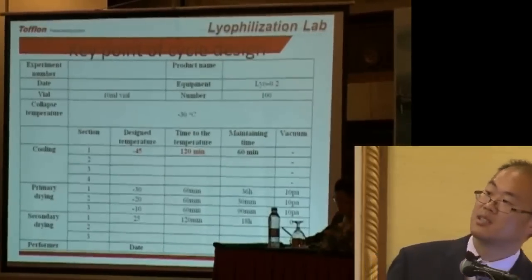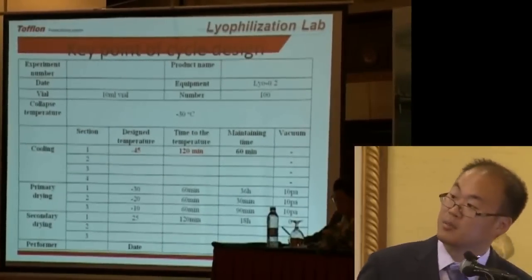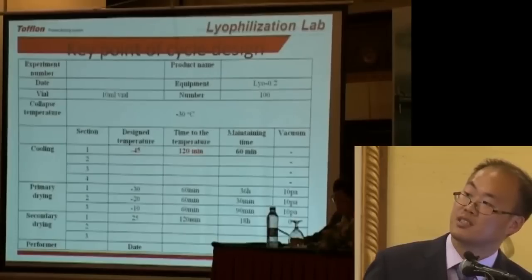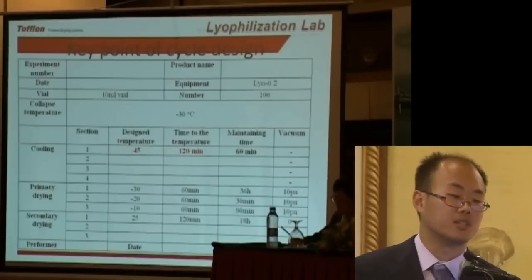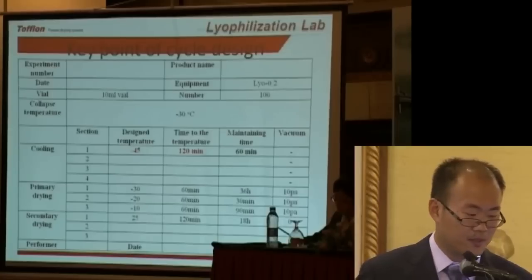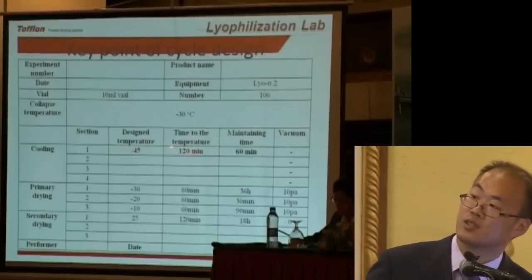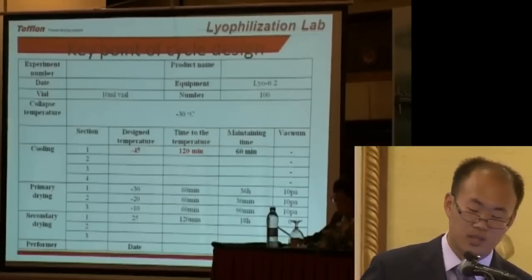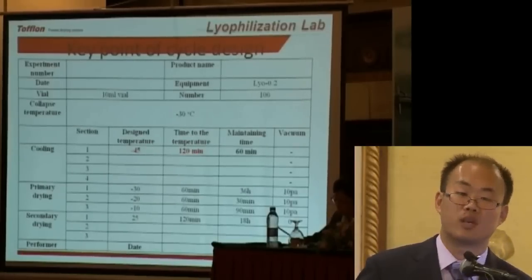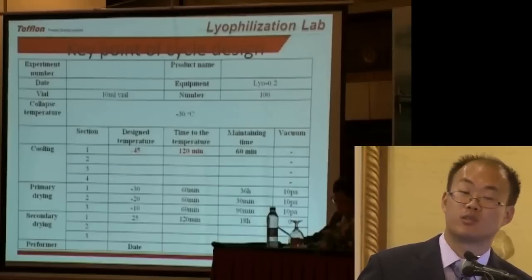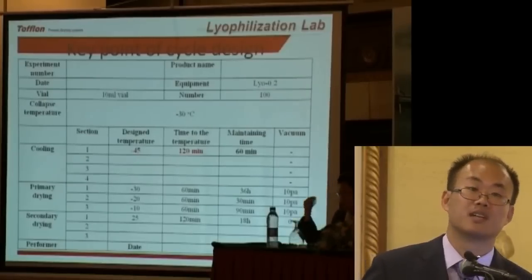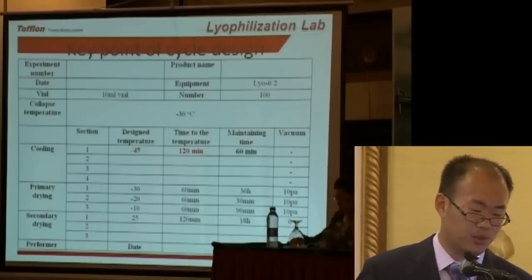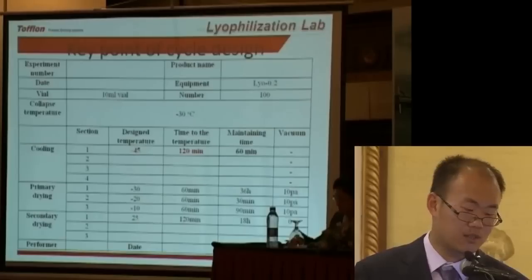Just as this table shows us, the design temperature is minus 45 degrees, and to reach the temperature we need 120 minutes. So that is very slow. We decrease the temperature in 120 minutes. That is slow cooling. Through this process, we can get the structure of the product that we need.